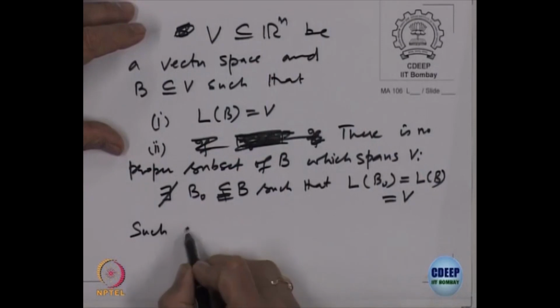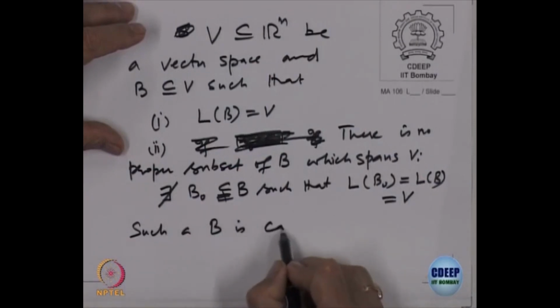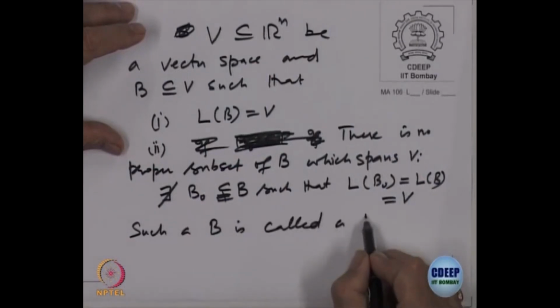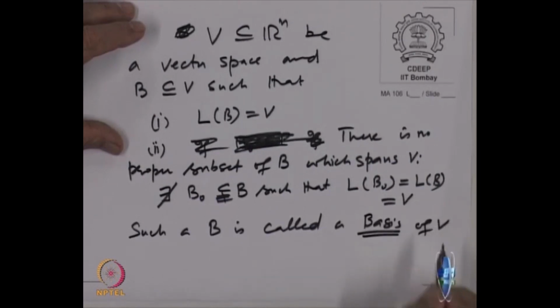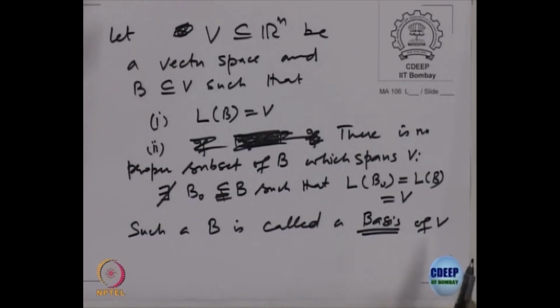So, this is the property of B I am saying. Such a B is called a basis of V.